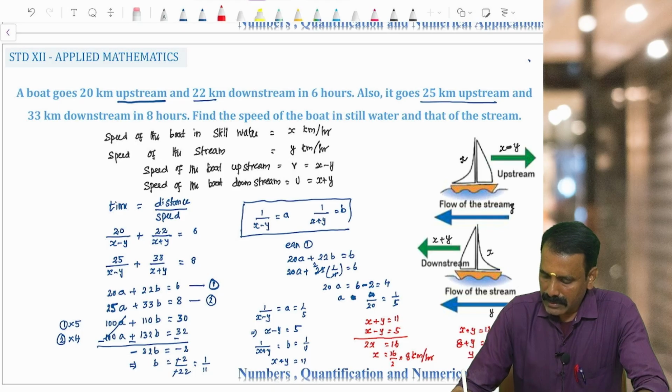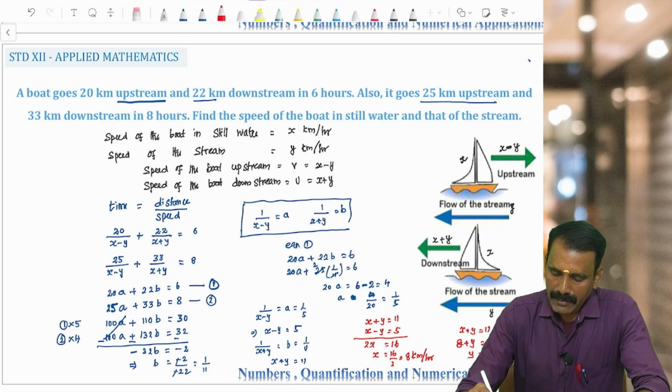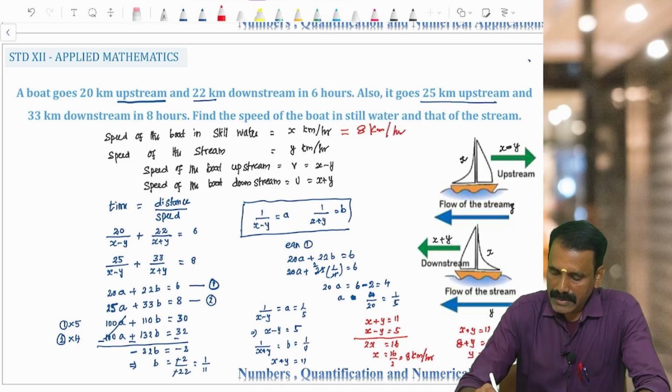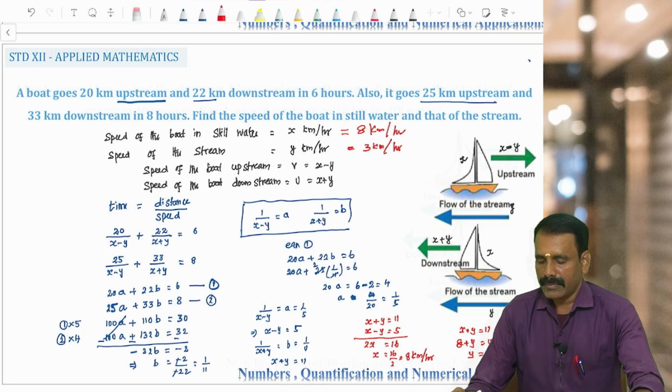So y is equal to 11 minus 8. The answer is 3. So speed of the boat in still water is 8 km per hour and speed of the stream is 3 km per hour.